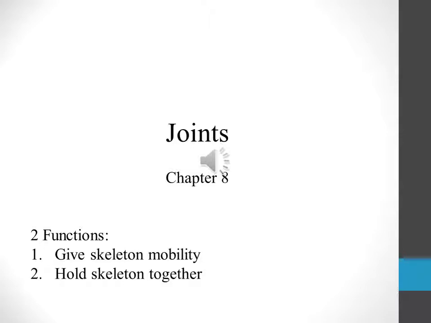So here we're talking about joints which are going to give the skeleton mobility and hold it together, and they may also provide some protection, mostly from injury based on stability and movements that they can and cannot support.